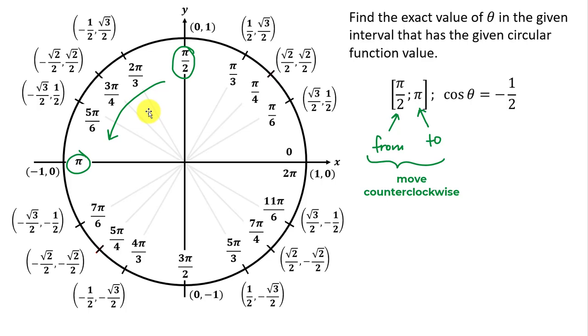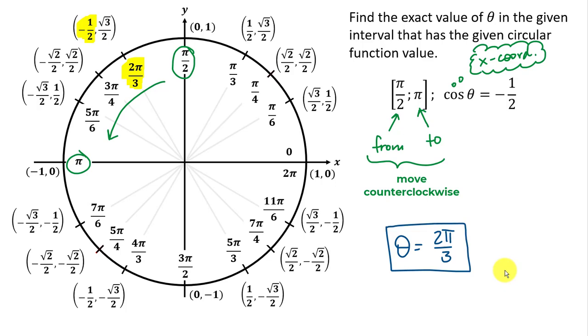So for which angle in quadrant 2 is the cosine value -1/2? Remember, cosine corresponds to the x-coordinate of a point, so it must be this one, -1/2. And therefore, the angle that we're looking for is 2 pi over 3. Angle theta is 2 pi over 3.